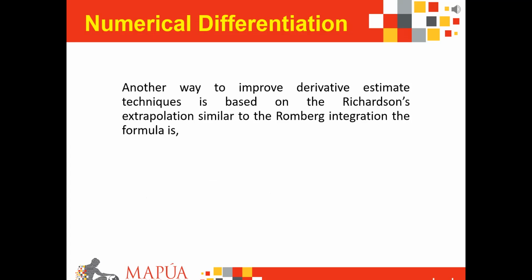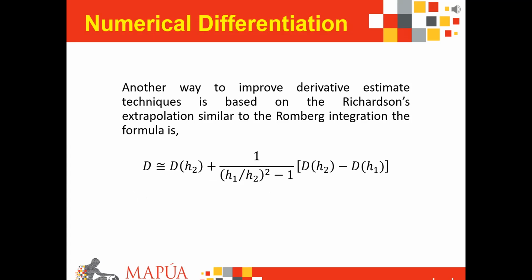Another way to improve your derivative estimate techniques is based from the Richardson's extrapolation formula, which is very similar to your Romberg integration. That is, if we then compare two derivative estimates, just like what we do to the integral value. This is the exact same formula for your Romberg integration, except all values of integrals are now replaced by derivatives.